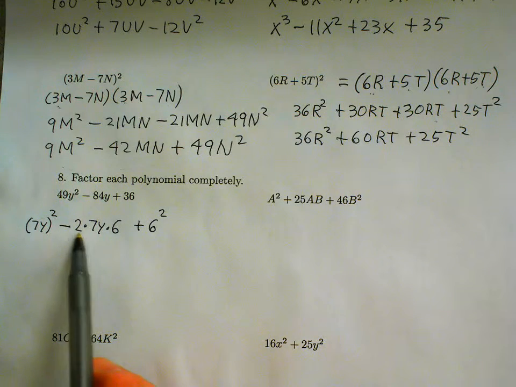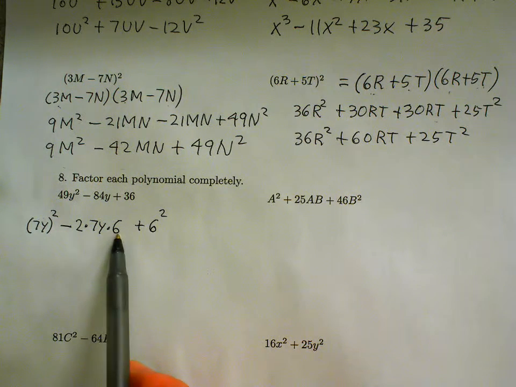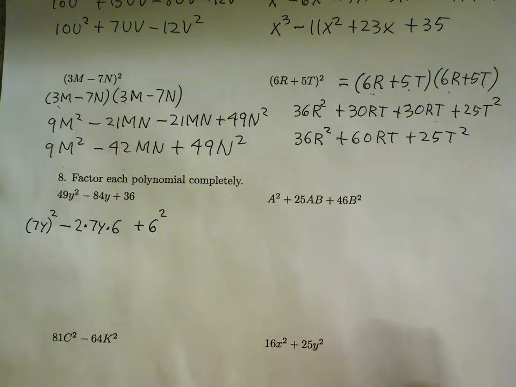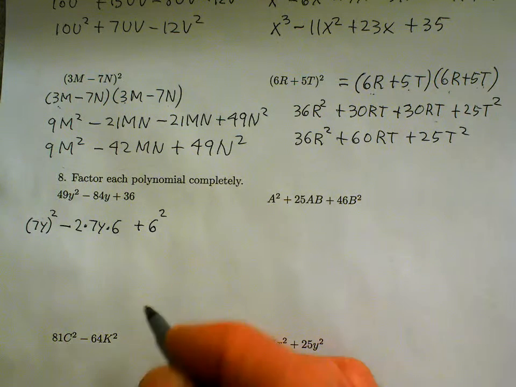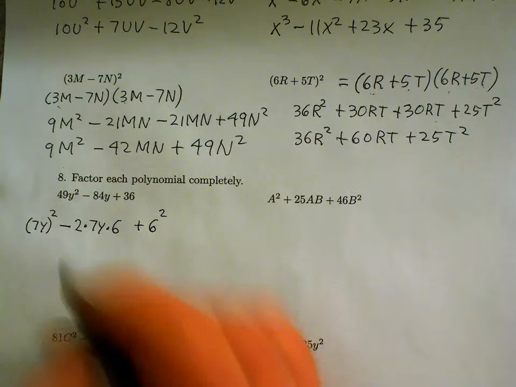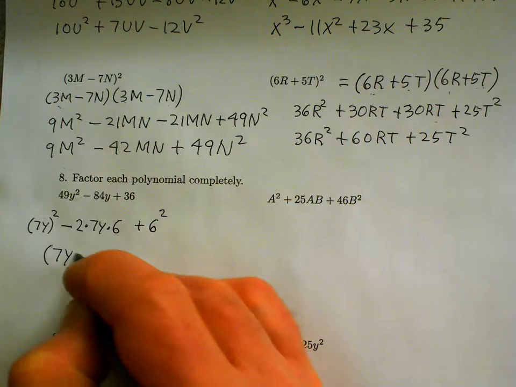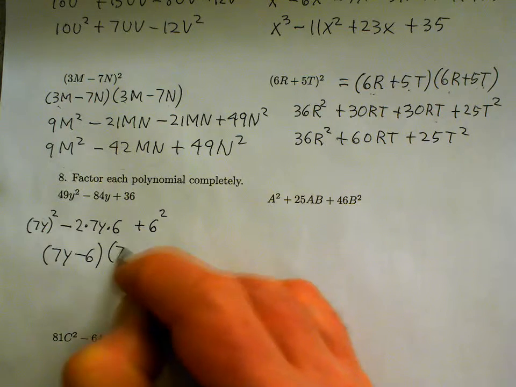And sure enough, 2 times 7y times 6 is 84y. So it is a perfect square trinomial. That means its two factors are 7y minus 6 and 7y minus 6.